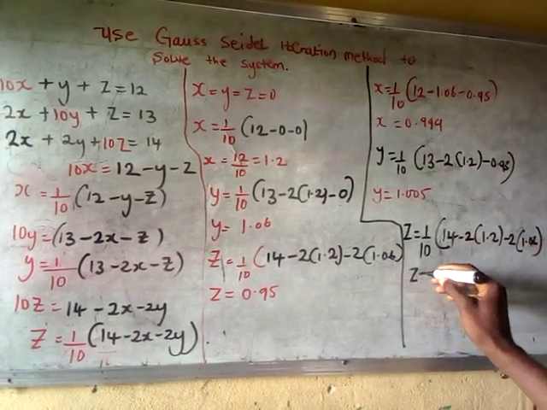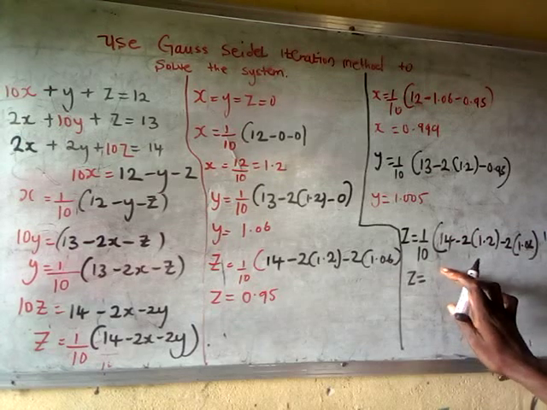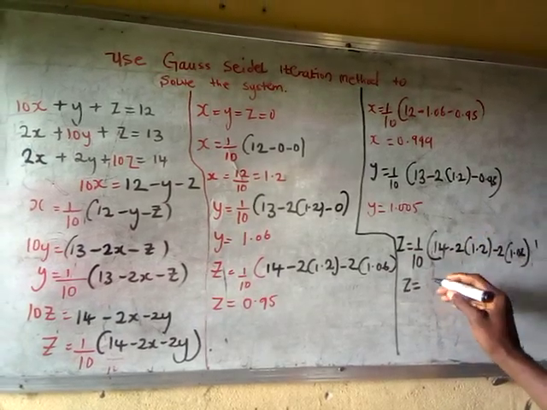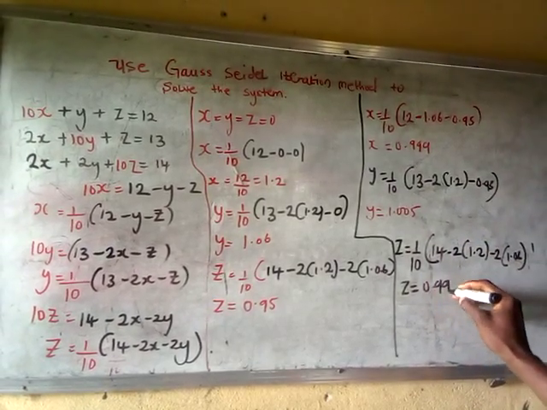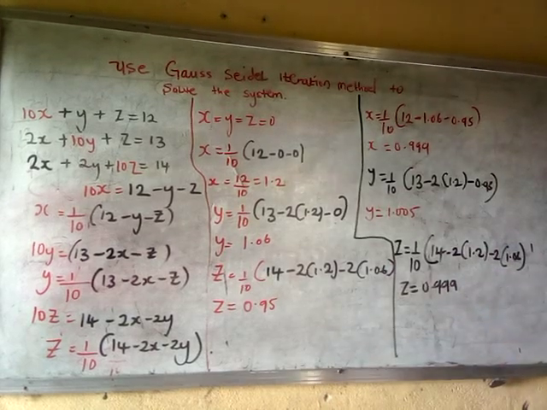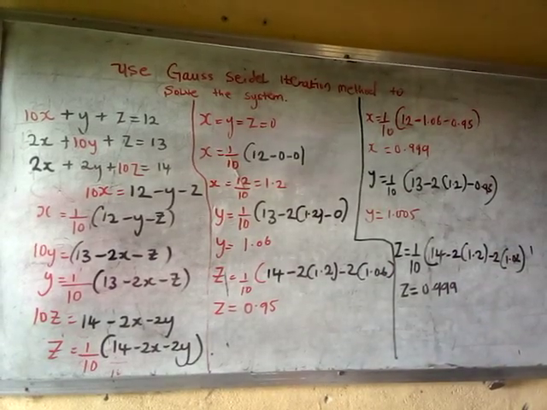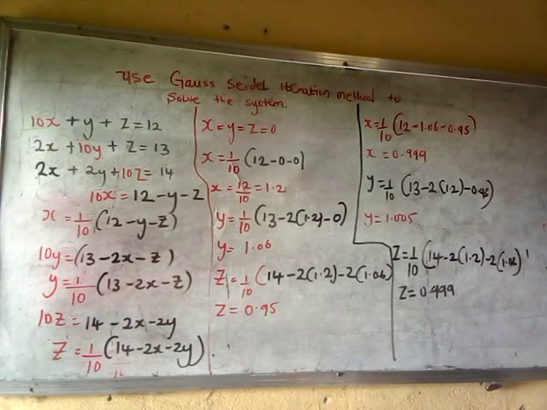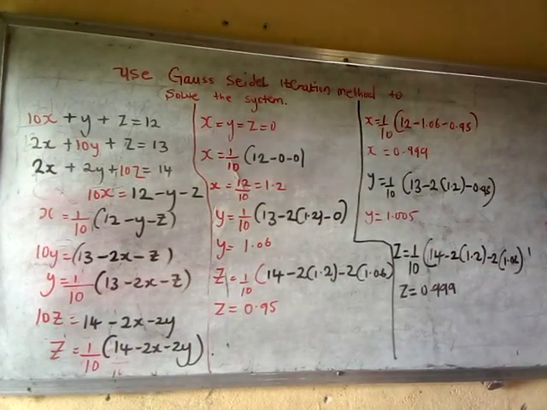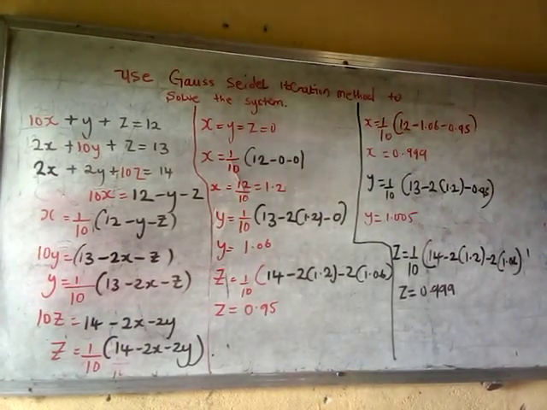So z is equal to 0.999. Please, I want you to give a try on this equation by solving the third round. When you solve the third one, x, y, and z will give you 1.0, 1.0, 1.0.